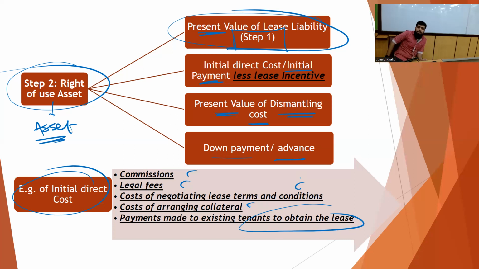So the right of use asset has four components. Number one, the present value of lease liability, calculated under step one. Number two, initial direct cost would be added and lease incentive would be deducted. Third, the present value of the dismantling cost would be added, and the last one is the down payment or the advance paid by the lessee at the inception of the lease.